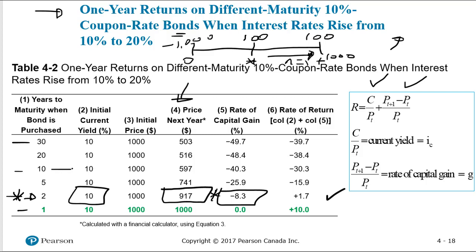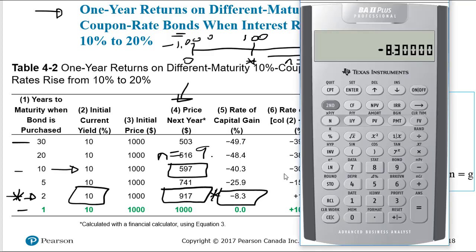For example, if you worked on this row, then to calculate the price here, N is going to equal 9 because you're calculating the price. It's initially years to maturity 10, but we're calculating the price for 9 years. So let's just bring up the calculator and do that again. In this case, it's going to be 9 N. It's going to be 10.